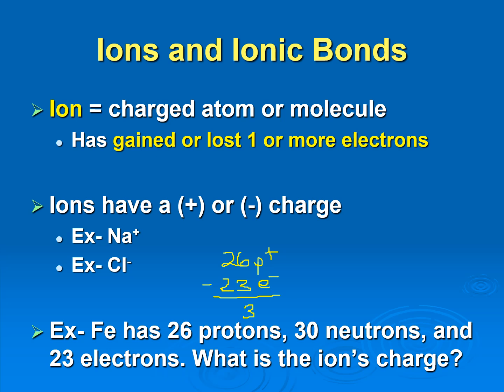So we're going to have a +3 charge on the ion. Okay, so our iron would have a +3 charge on it. Okay, so that would be our ion.